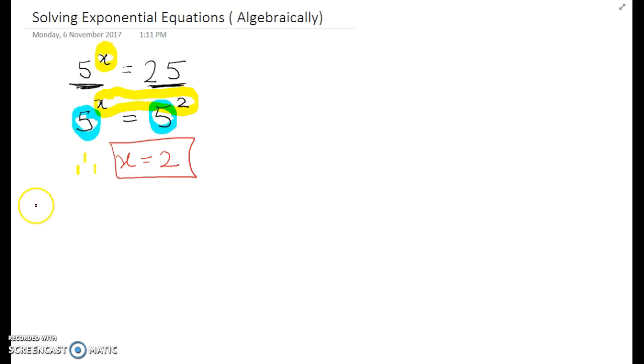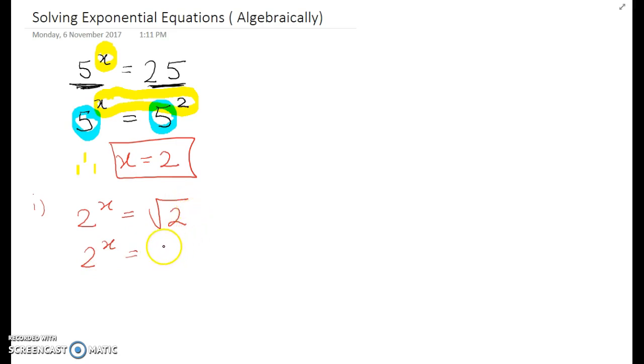So let's go with another one. If we have 2 to the power of x is equal to the square root of 2, how are we going to solve this? We can see we have 2's on both sides, but on the right-hand side the base is not 2. So what we're going to do is convert this into index form.